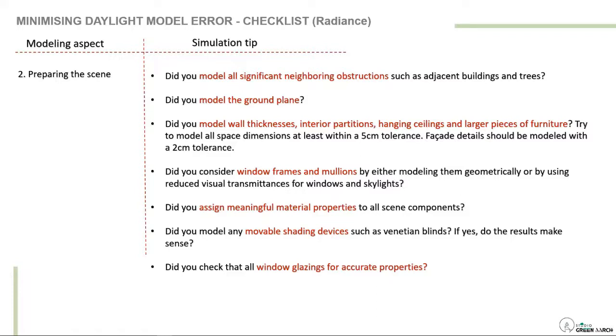I will not waste my time modeling that tree because it is very far away from my site. So it is very important that you understand which particular aspect of the model can bring a change inside the model. And once you start doing simulations, your intuition will increase. As a designer, as an engineer, your intuition will increase. The first time you do a simulation, the next time you will know that, okay, this thing will change. I know this will happen, right?